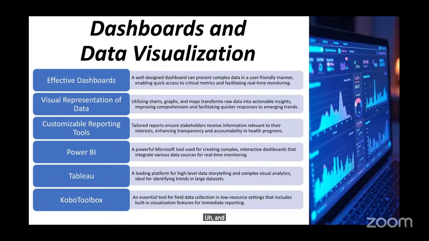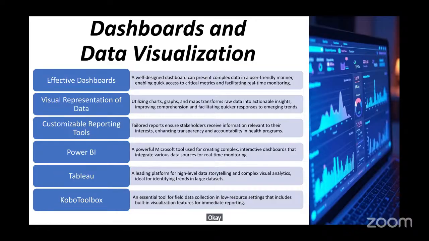And for the M&E officers who perhaps might be on the call, if you design your M&E system very well, you don't need to be chasing after your project officers and your field staff, because it enables real-time information. Whether you're sitting in the UK or in Iraq, you're able to get real-time information. The data comes in real time, and you're able to download your report in real time.